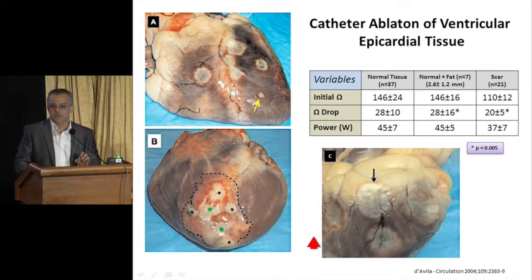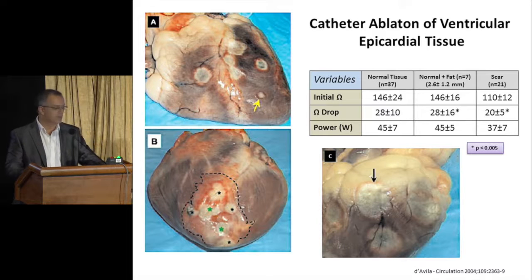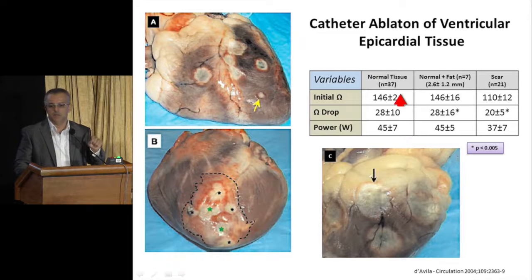And we can measure that with our ablation catheter in a very rudimentary way, because we are basically measuring the impedance between your catheter tip and the indifferent electrode. But even doing so, we can measure differences in areas with normal tissue, areas with fat, which do not change the impedance, at least based on the method that we use to measure it during ablation. But when we place our catheter in scar, the impedance will always be lower.